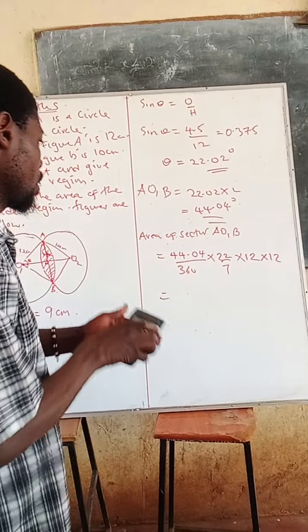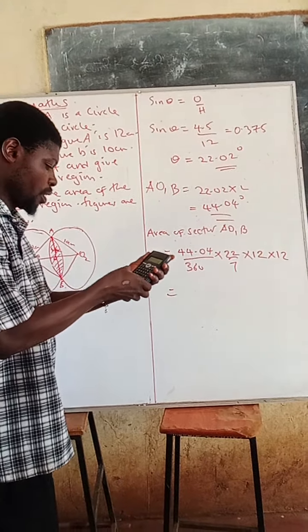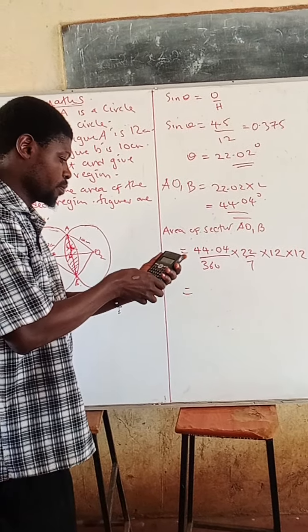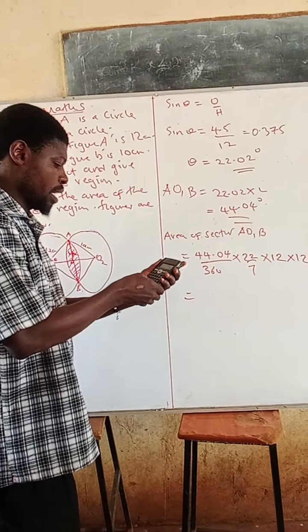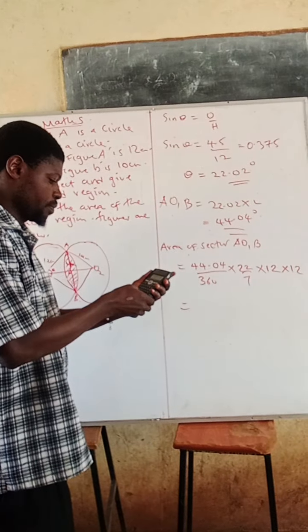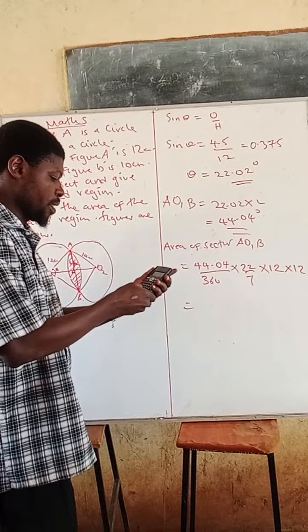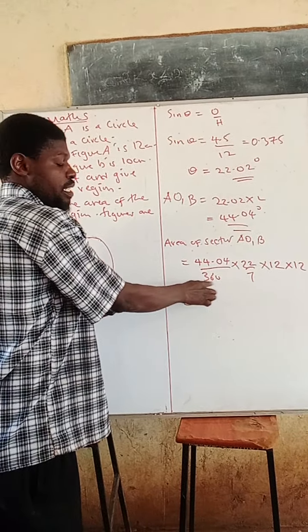According to my calculation, this one will become 44.04 times 22 times 12 times 12, then divide by bracket. You can't divide by 360 then 7.